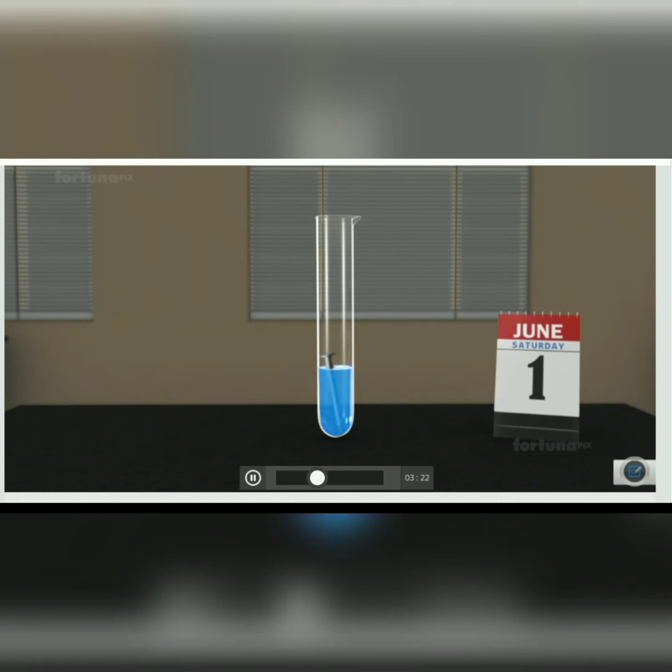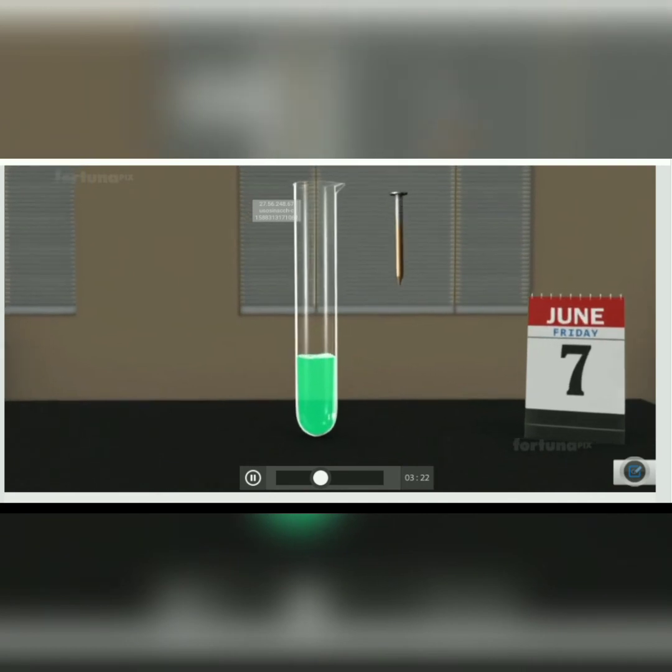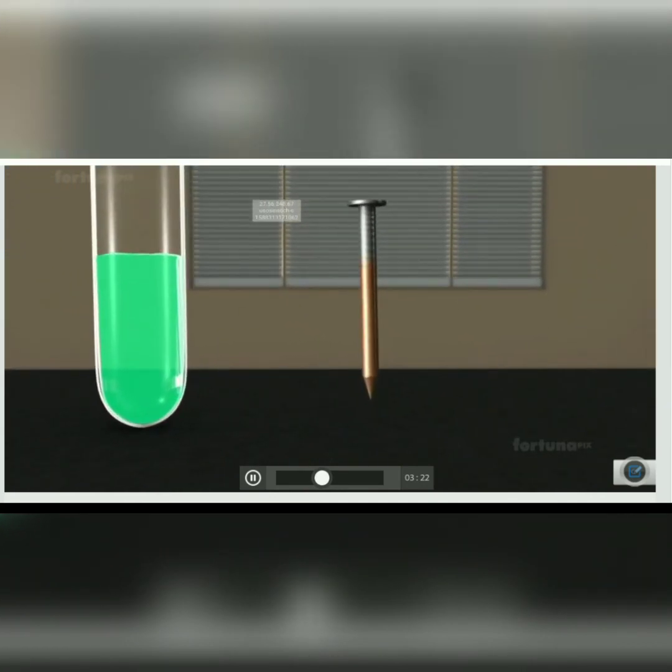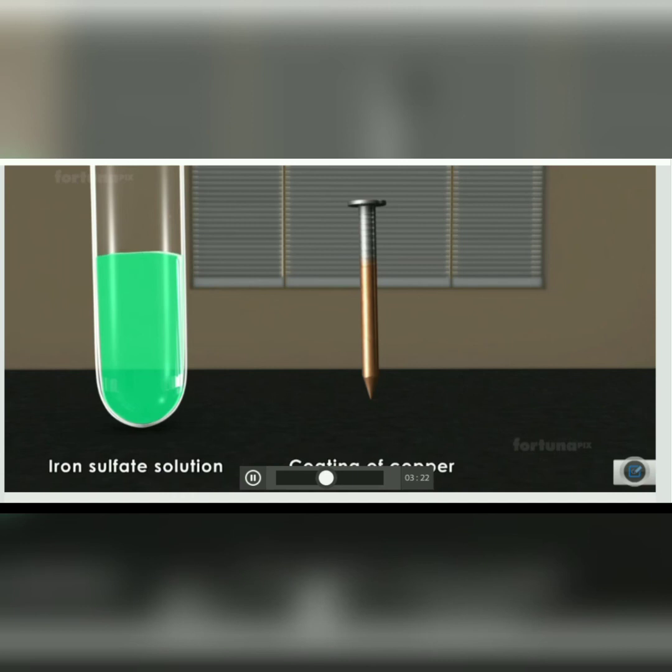And when after a week we observe the solution, the color of the solution turns from blue to green. This changed color indicates that iron has displaced copper from the solution, as iron is more reactive in nature, and the solution has turned from copper sulfate to iron sulfate, and copper is deposited on the iron nail.